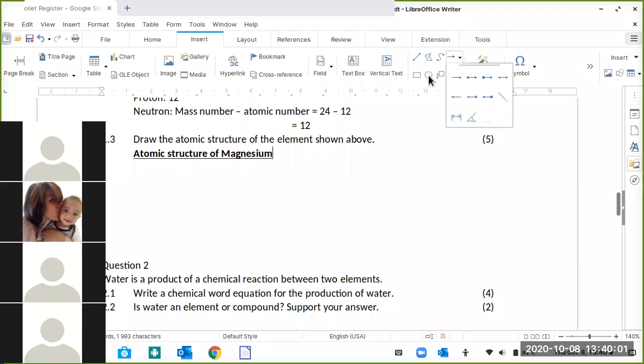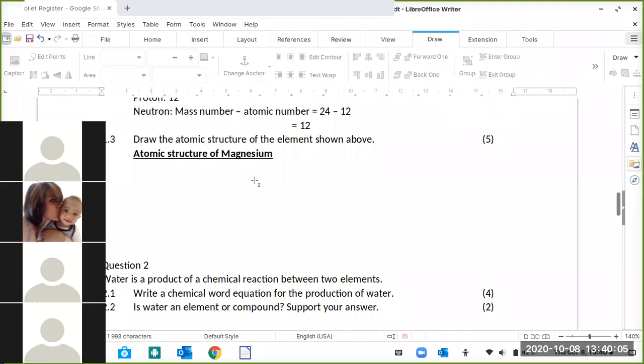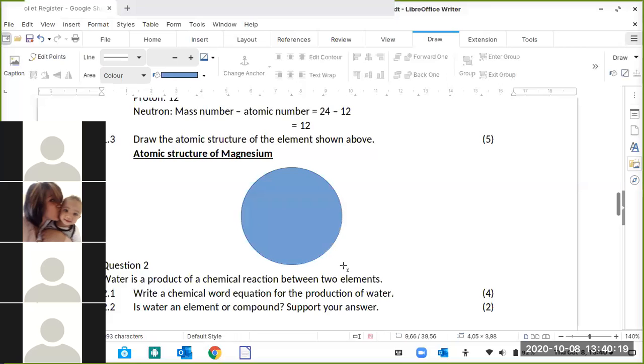Okay, let me make use of this. Right, so how many rings are there? How many rings? 3. Are you sure? Yes. Okay, fine. So I'm going to draw 3 rings there, right?